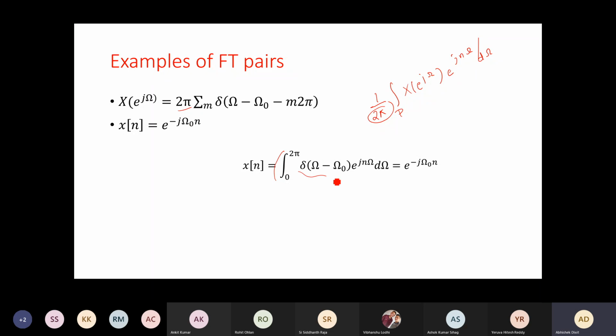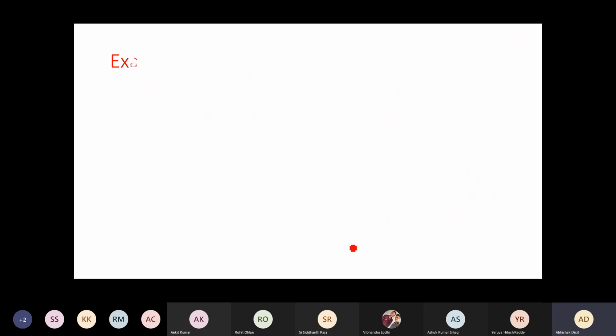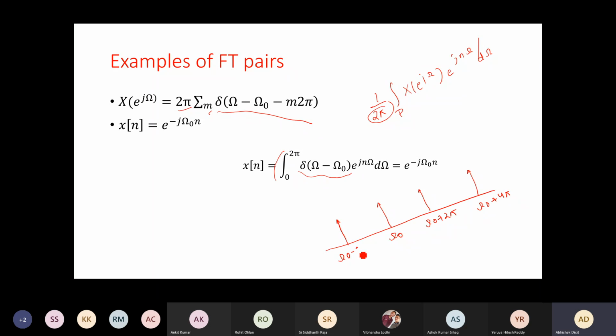X(e^j omega) in this period is simply delta of omega minus omega naught, right? We can plot this function, right? So if you plot this, you will have one impulse at omega naught. Then the second impulse you will have at omega naught plus 2 pi. Remember, m is an integer. Then at omega naught plus 4 pi, and so on and so forth. Then at omega naught minus 2 pi, right?